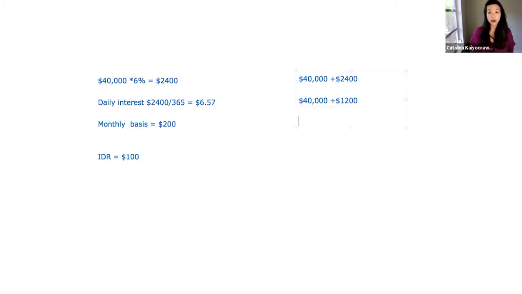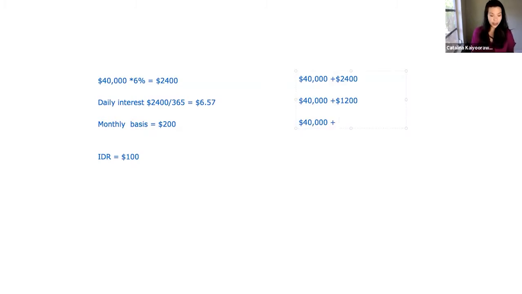Let's say the next year goes by. So now you'll owe 41,200, right? Next year goes by, let's say, just for simplicity, you have the same loan payment, $100. It will be 41,200, right? But I'm going to keep the interest separate so we can understand what's happening. You will have 1,200 plus 2,400 accumulate.